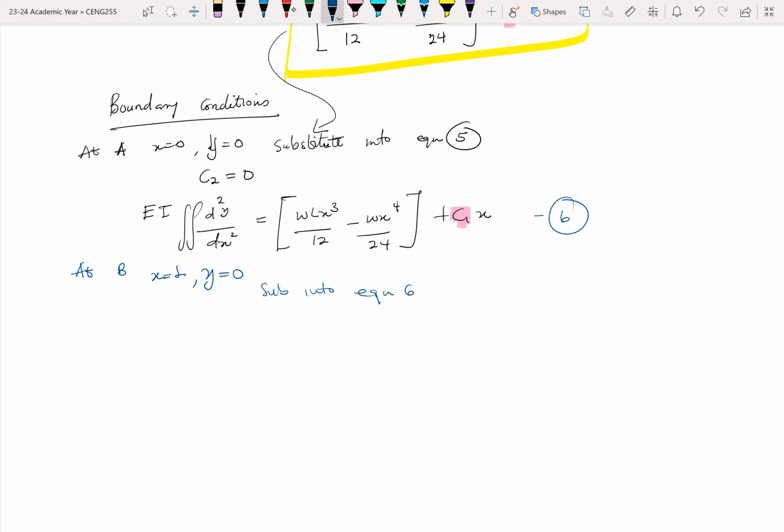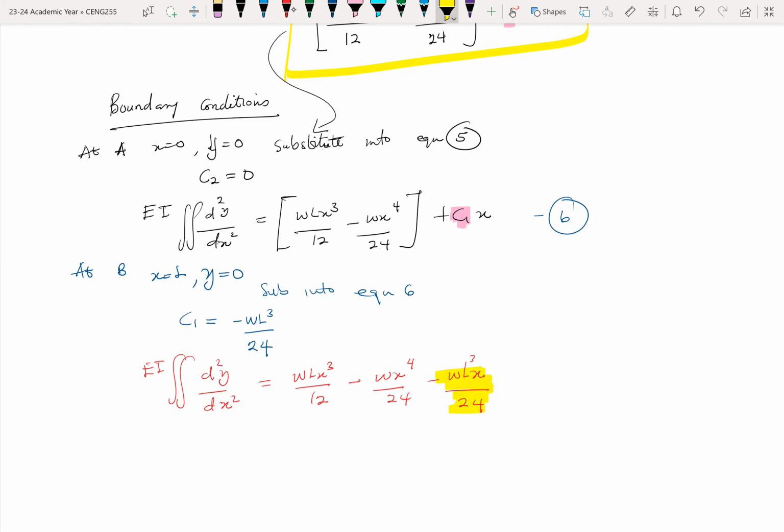And if you do that, you make C1 the subject, and you end up with C1 being equal to, I think, minus WL³/24. So your final equation then becomes EI, the double integral of d²y/dx², will be equal to WLx³/12 minus Wx⁴/24, then minus WL³x/24, where this last term represents the C1x.